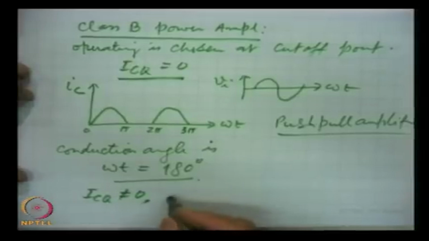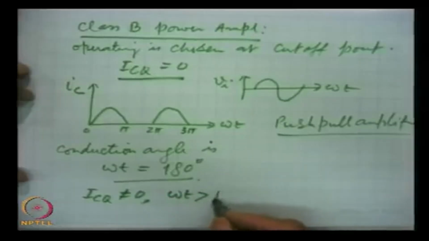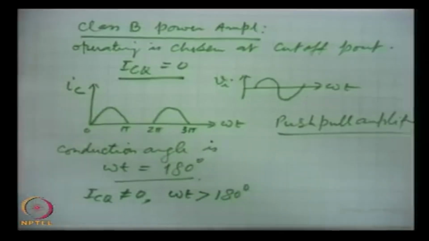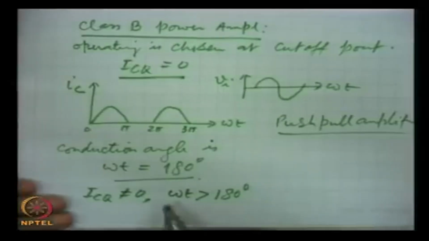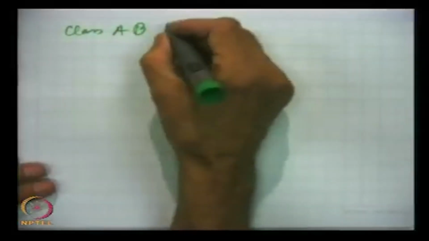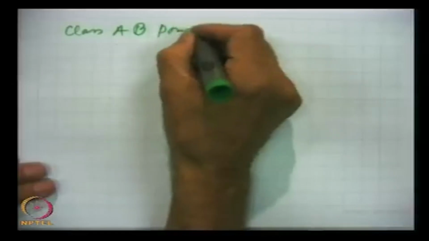Conduction angle is slightly above 180 degrees, around 220 degrees, and then the operation is called class AB power amplifier.